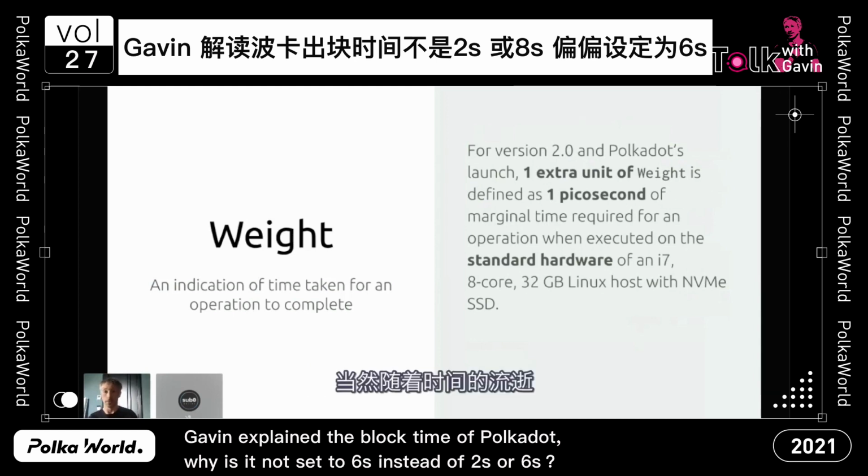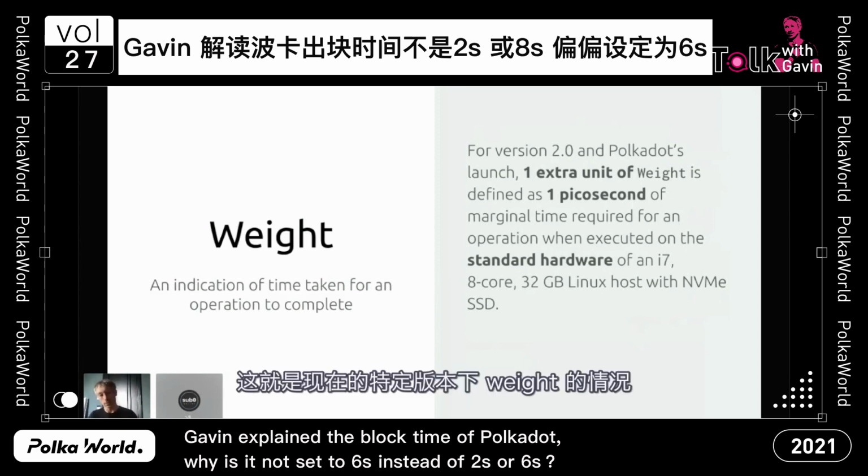Now, of course, as time goes on, the software and the hardware is going to evolve. We'll probably introduce newer standards, who knows, maybe a year, 18 months down the line. And so the weights will be updated. But for now, weights are necessarily going to be a transient thing. And this is what they are for the moment, for this particular version.